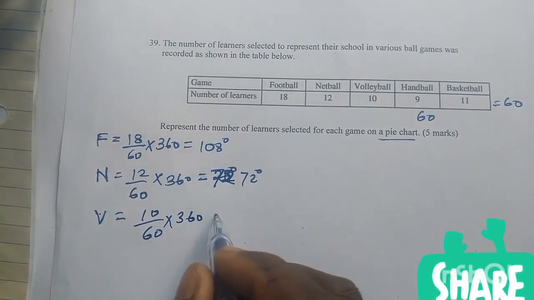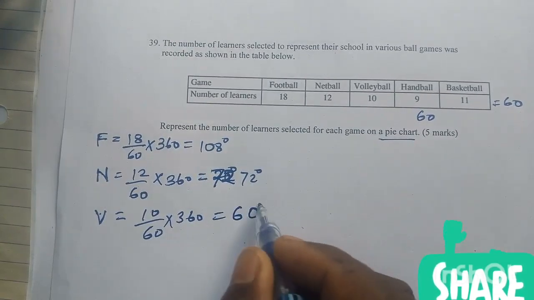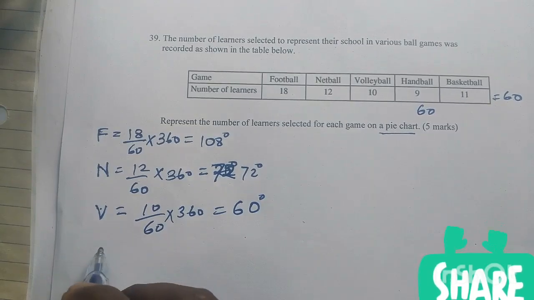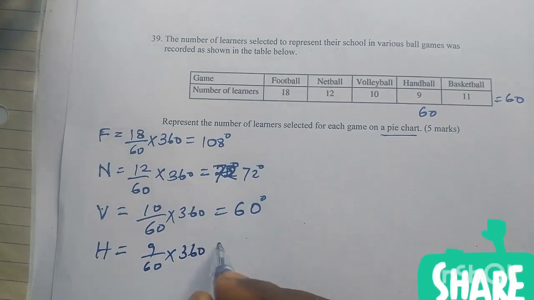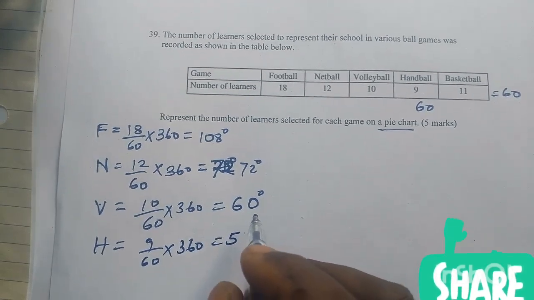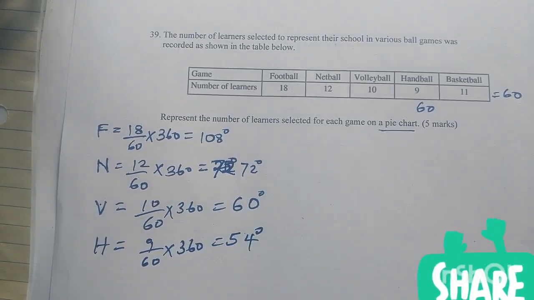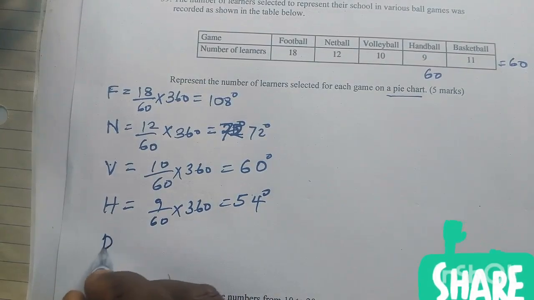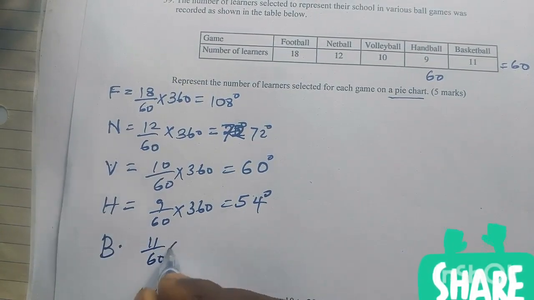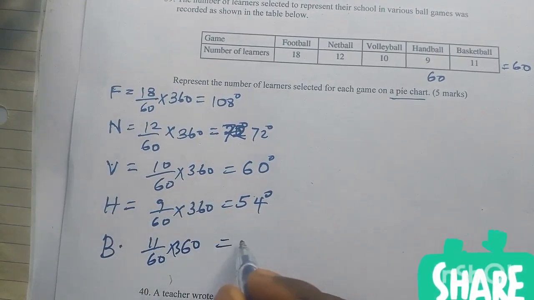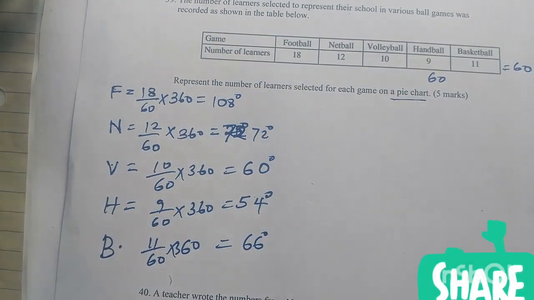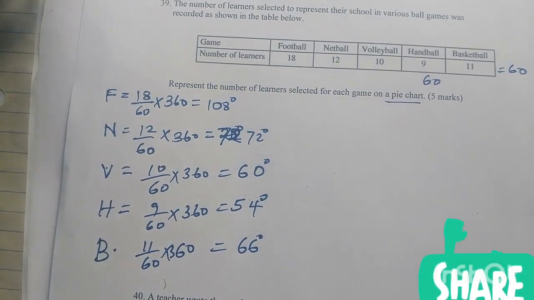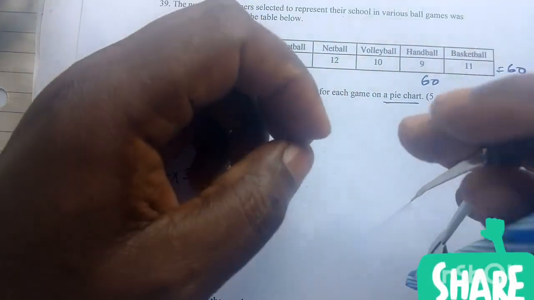That one will give us 60 degrees. Those who are doing handball, it is 9 over 60 times 360. It is 54 degrees. And those who are doing basketball, it is 11 over 60 times 360, and that is 66 degrees. Now you draw a circle of a radius you choose, like I've chosen this one.